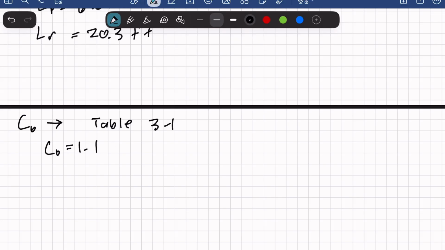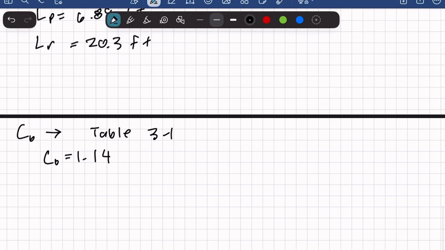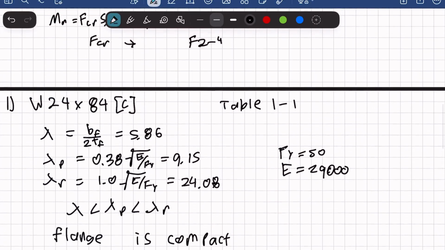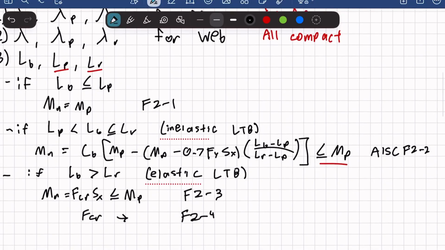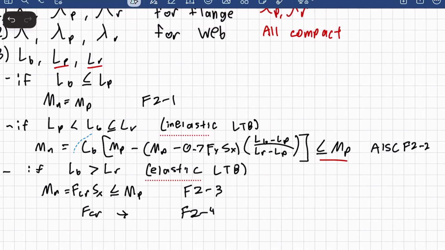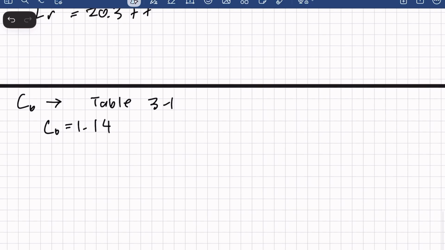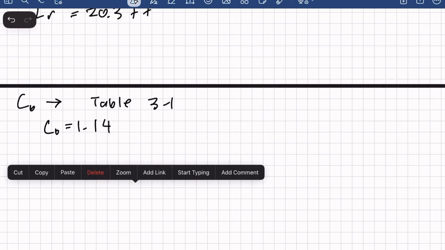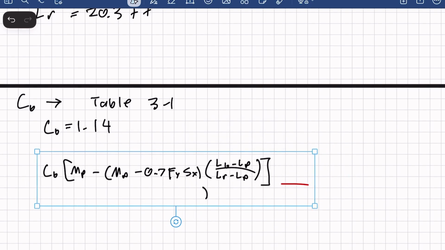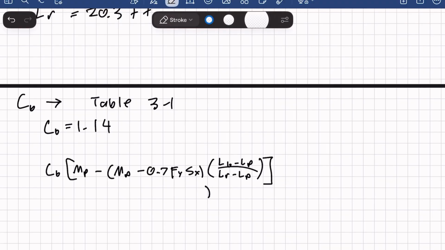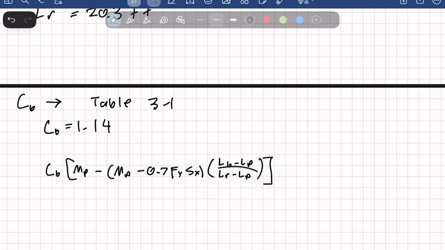So this allows us to increase the nominal moment strength. You'll see from the equation that we have up here, which I will copy and paste down here because I don't feel like rewriting it all again, it's a multiplier that increases the nominal moment strength. So when we use that, we are actually increasing this nominal moment strength past what we would otherwise have. So this equation looks scarier than it is.